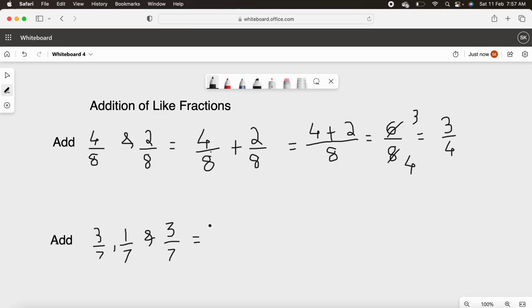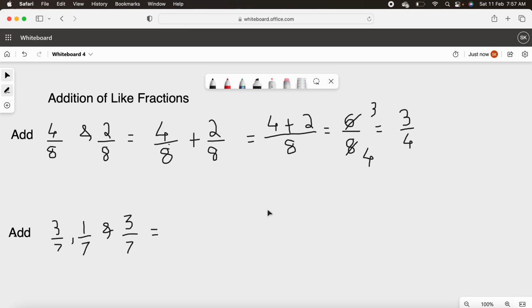Okay. Now let's do the second problem. Again, what it says, 3 by 7 plus 1 by 7 and 3 by 7. You need to add them, correct? Okay, let me push this a little here.